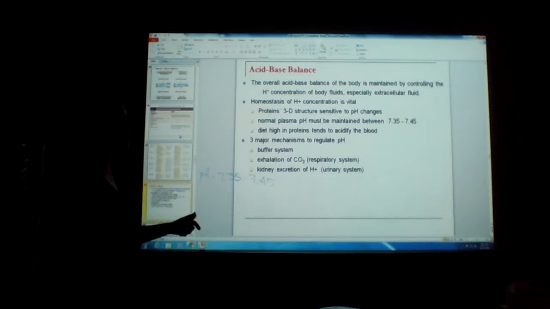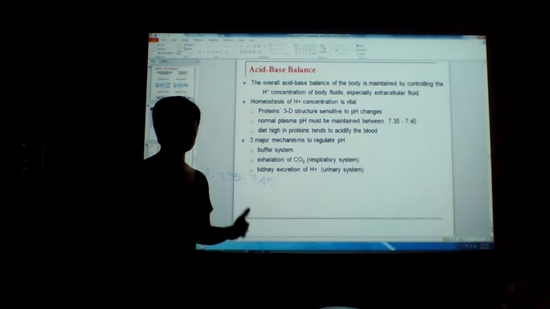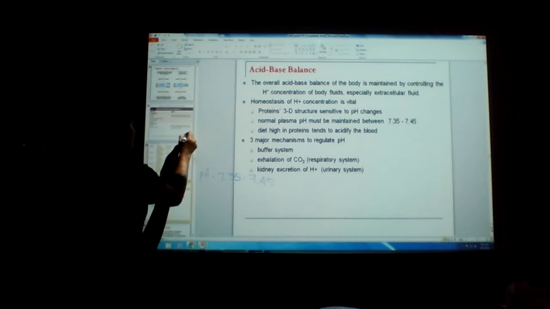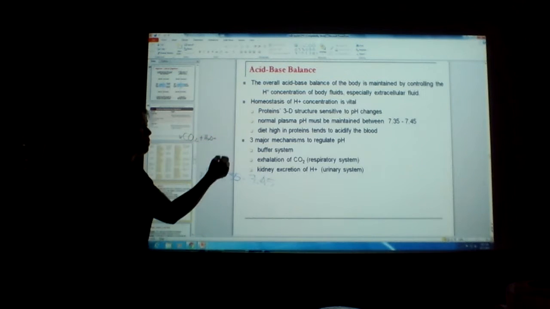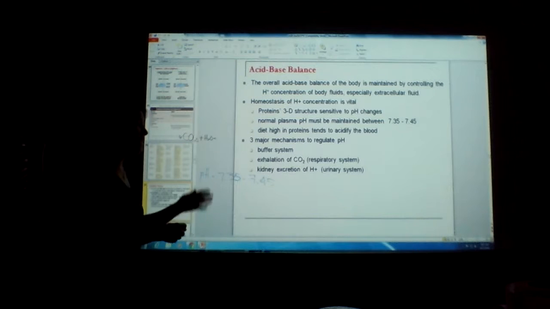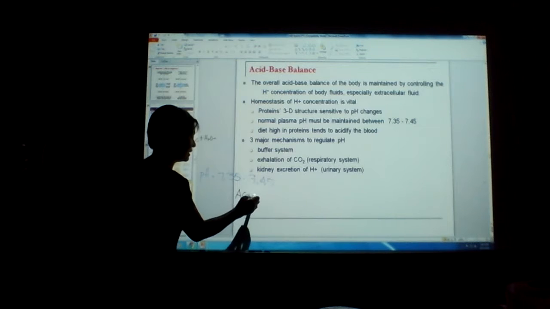Basic conditions are mainly diet related. So acid: coffee is acidic, orange juice is acidic, too much exercise produces lactic acid, or if we hold our breath, carbon dioxide, you remember, combines with water to form carbonic acid. So we always have a tendency to go into what you call acidosis.